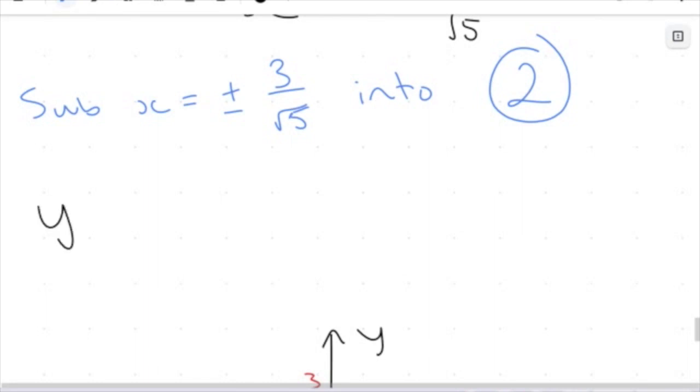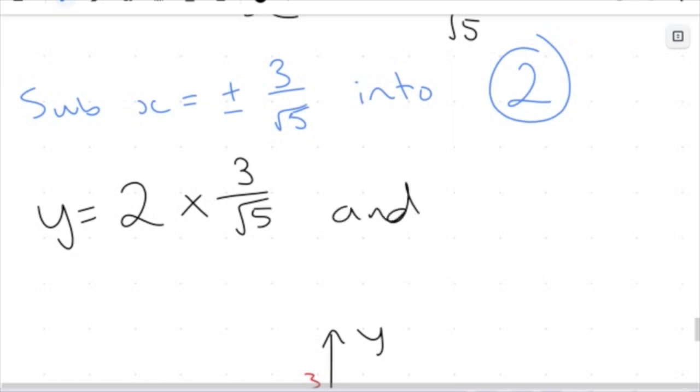One of those is going to be when I do 2 times, now substituting in 3 over root 5 in place of x, positive 3 over root 5. And my second one is going to be y equals when I substitute in the negative value here. That gives me 2 times minus 3 over root 5.